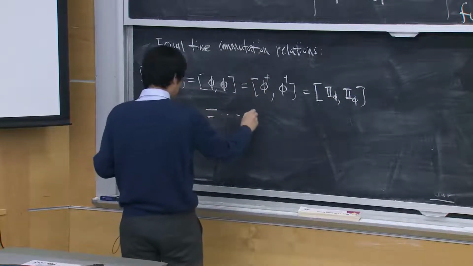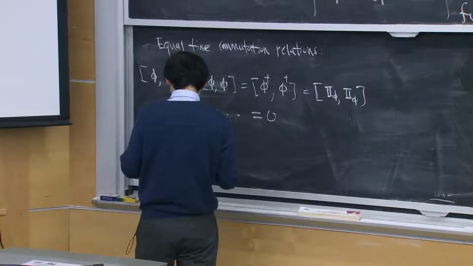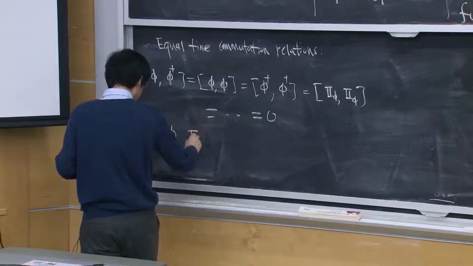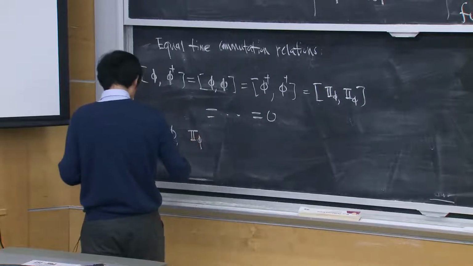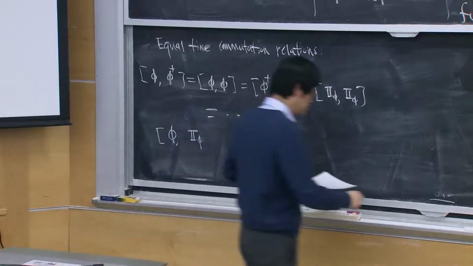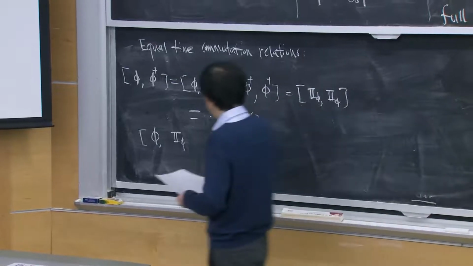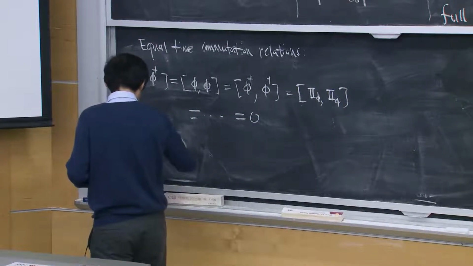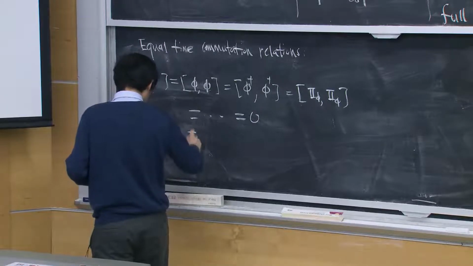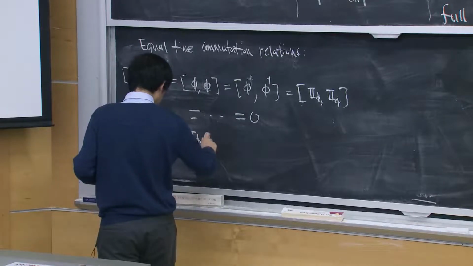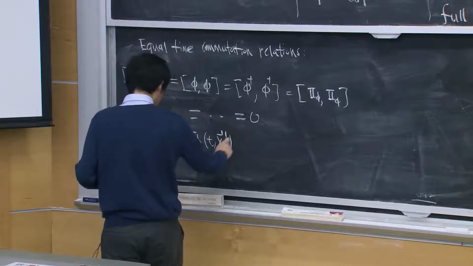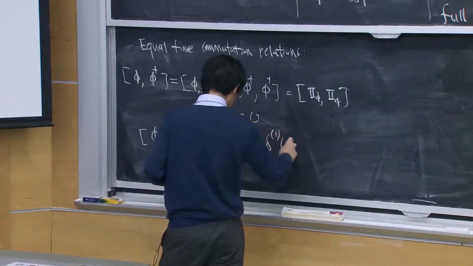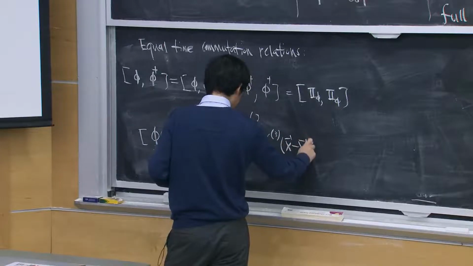So all this is equal to 0, except the only thing which is non-zero is phi with its own canonical momentum. So everything else will be 0. Again, it should be given by i delta^3(x minus x prime).